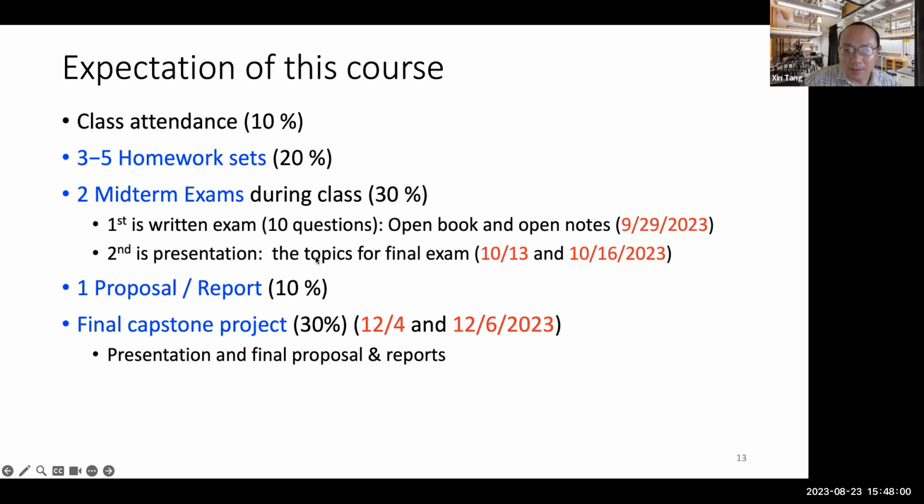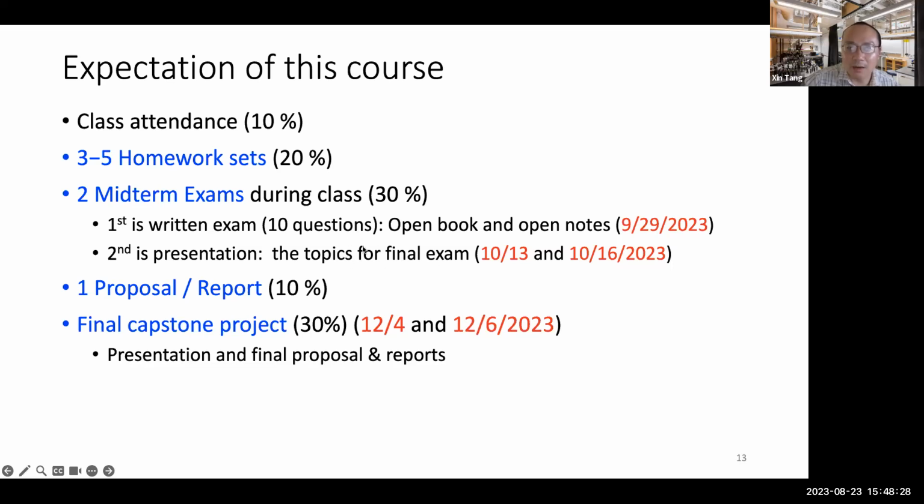So after you present this topic in the second exam, all the students and myself will give you feedback and some advice, and then I will also guide you throughout the later part of the semester to better target that topic and develop that research project.